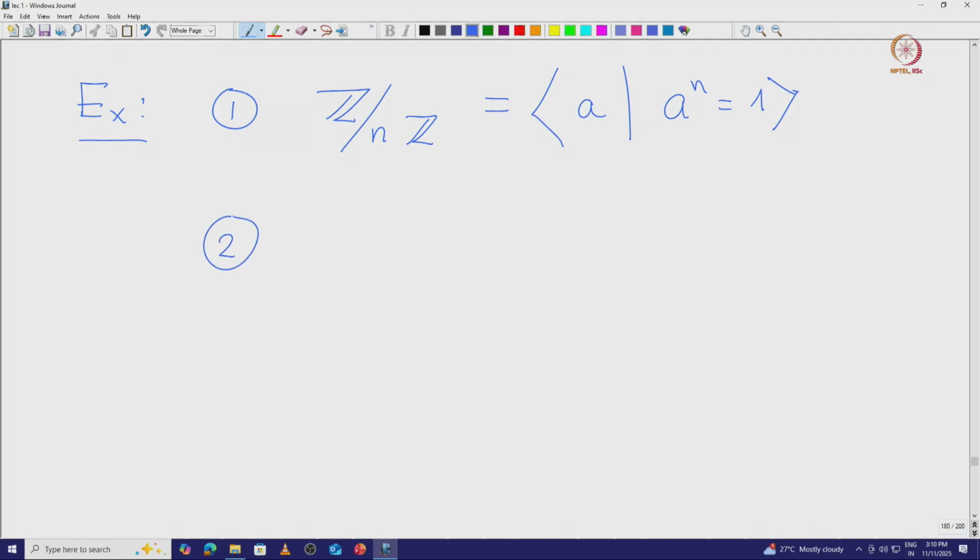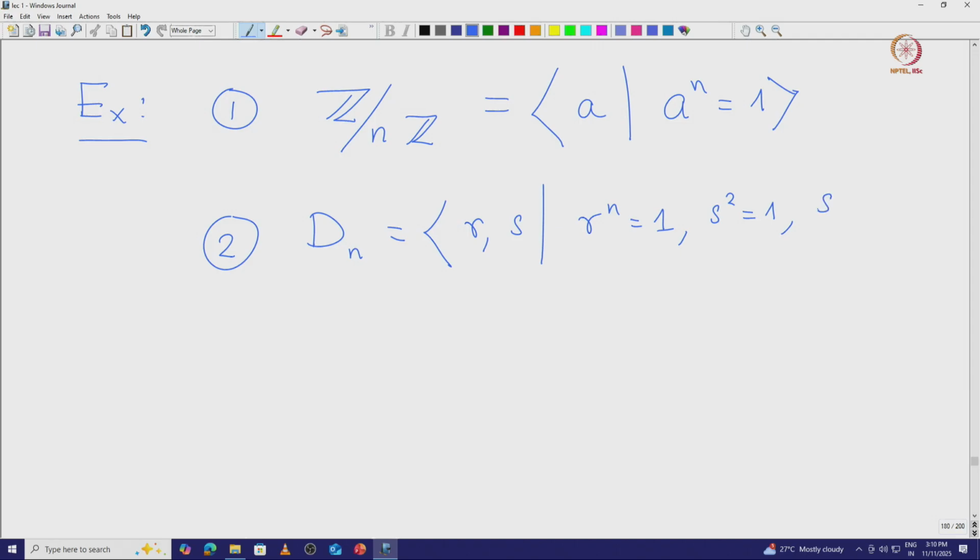Now, if we take the dihedral group more generally, then this is generated by one rotation R and one reflection S. The order of the rotation is n, and of course, the order of the reflection is 2, it is an involution.